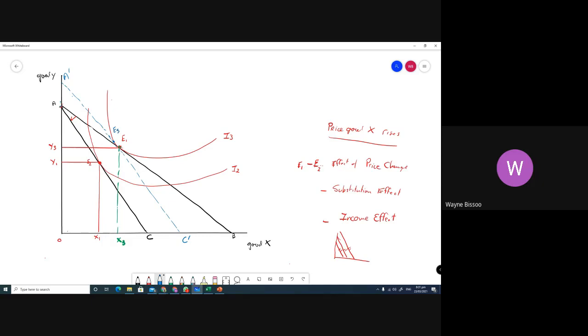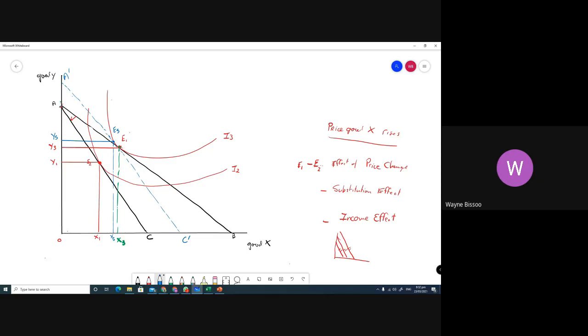So this point here, look at what I attempted to do at ES. What I attempted to do was to give up some of that expensive good X, let's call that XS here, and now purchase more, let's call this YS here.